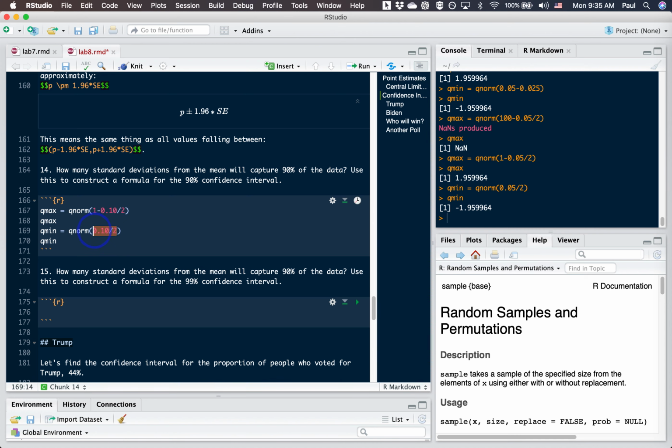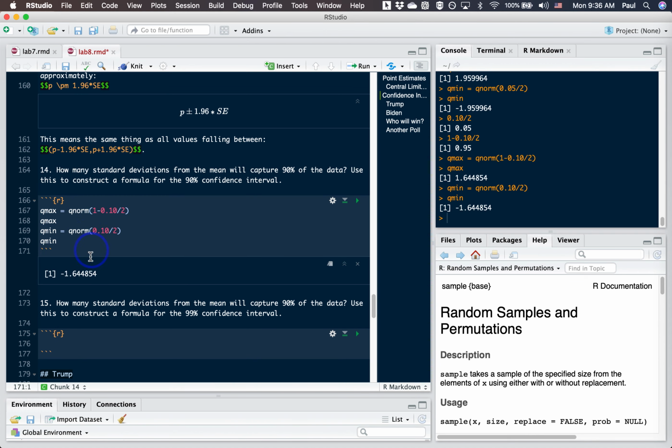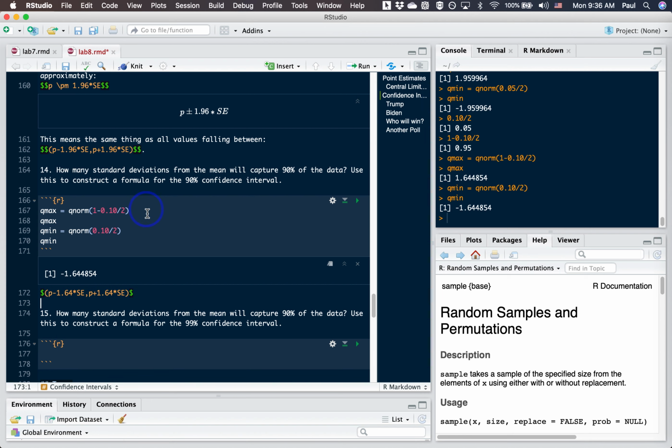Notice this goes between 5% and 95%, so we've covered 90% of the range. Those are our values. So our confidence interval will be p minus 1.64 times SE up to p plus 1.64 times SE. That's my confidence interval. And if you want to write it using an equation, just put dollar signs around it, so it makes it look pretty.